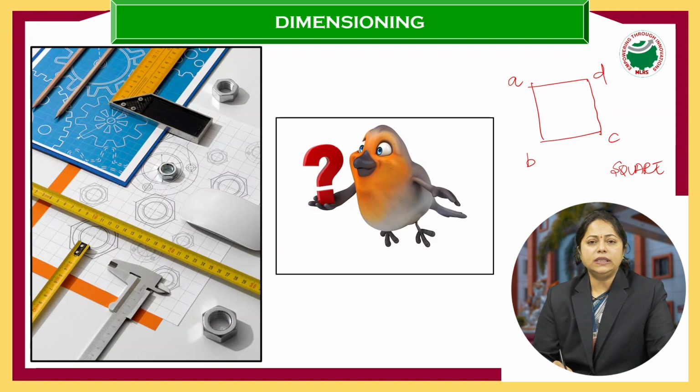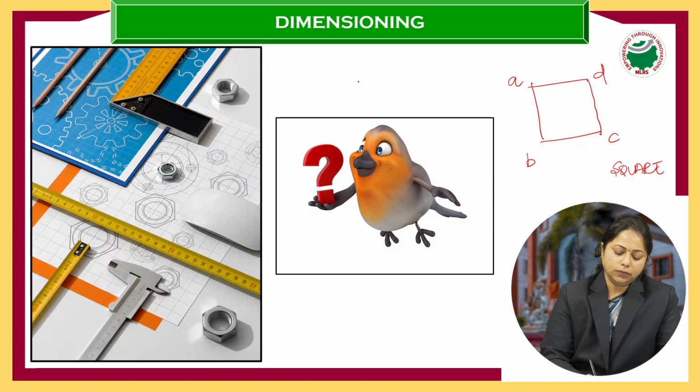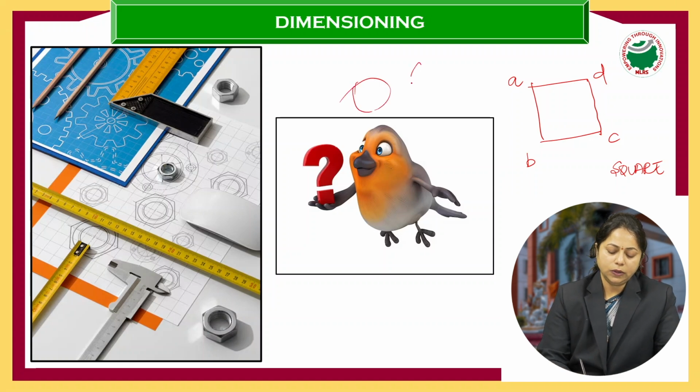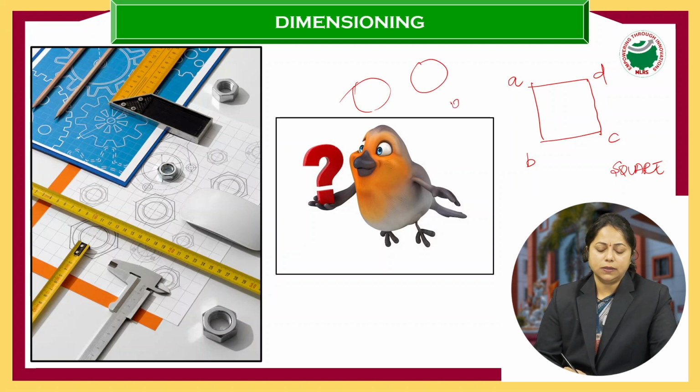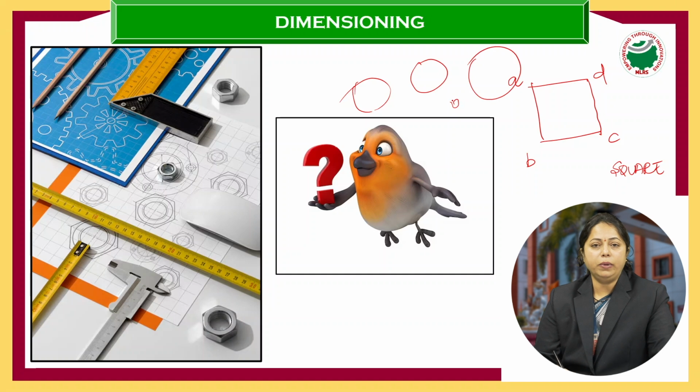Then, what is dimensioning? Say, for example, I ask you to draw a circle. This is the circle. Somebody else can draw a circle like this, or maybe make it bigger like this. So there is some ambiguity in the question, some confusion.